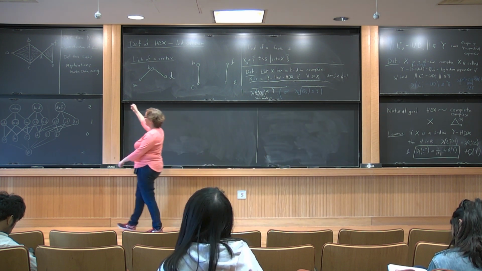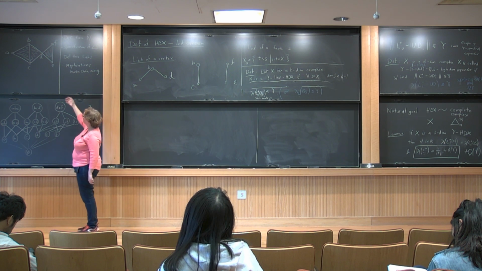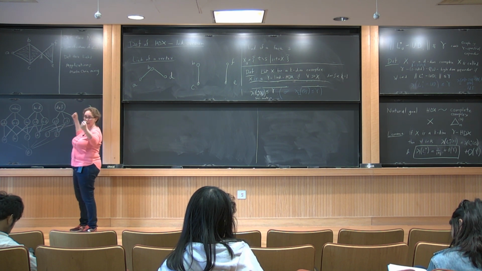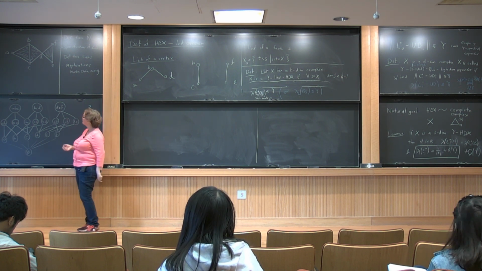So k is 2. And the vertices are zero-dimensional, so they're less than k minus 1. So you only look at links of vertices. Because look, if I look at a link of an edge, the link of the edge BC consists of 2 vertices, A and D, and no edges. So it's always going to be the case. So it doesn't make sense to look at links above k minus 1.